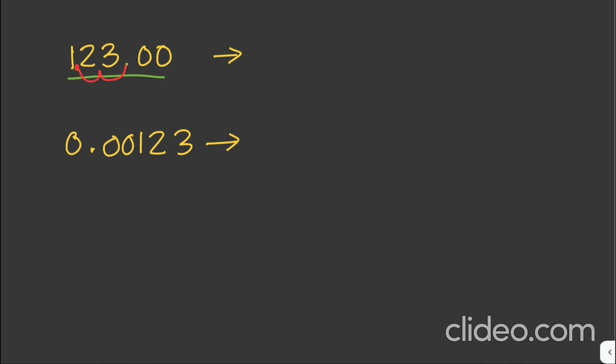Our decimal point will be between 1 and 2, and this would give us 1.23 times 10, which is our base, and we moved it 2 times. Therefore, the exponent here is positive 2. So moving the decimal point to the left, the algebraic sign of our exponent would be positive.